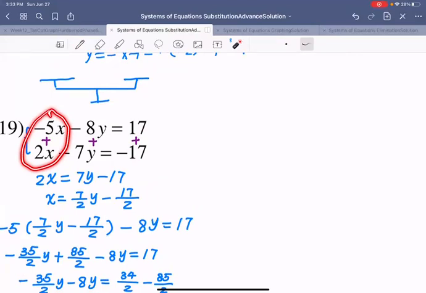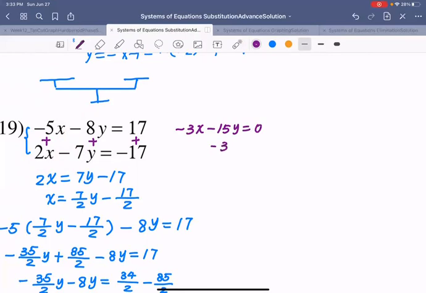This becomes what? Negative 3x minus 15y equals 0.